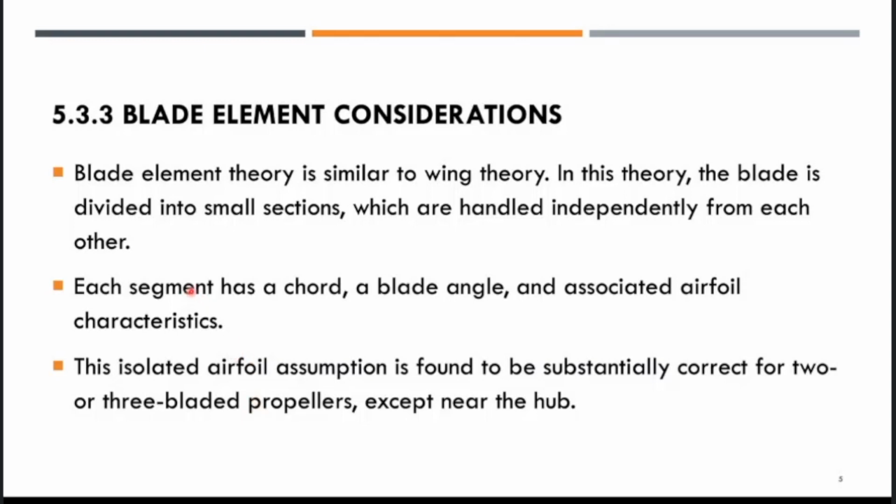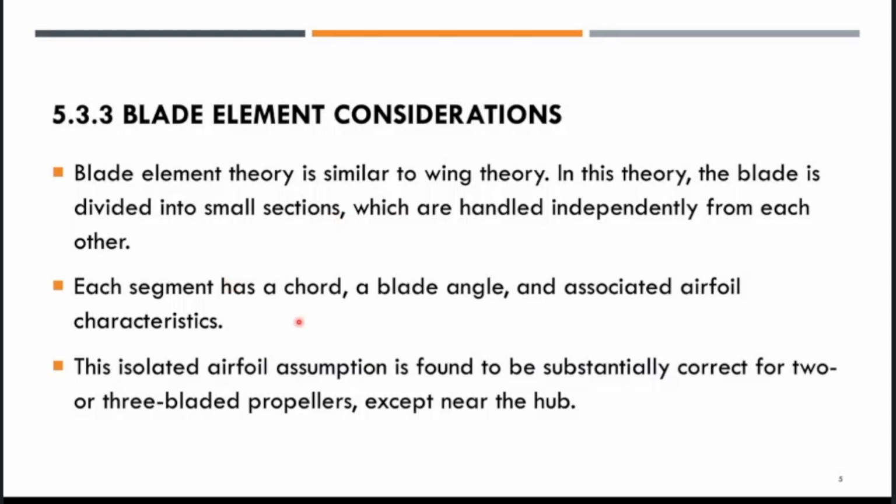Basically, the blade element theory is somewhat similar to wing theory. In this particular theory, the blade is divided into small sections which are handled independently from each other. If you already learned aircraft structure, there is a wing theory topic, which is quite similar to the one that we are going to go through today.